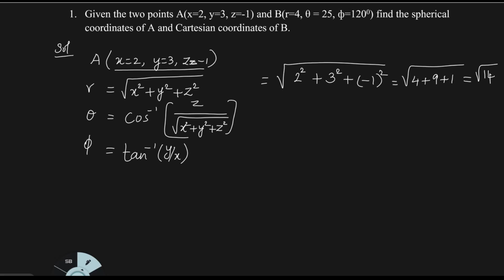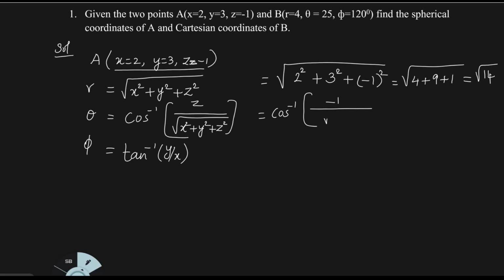Next, we have to calculate the theta value. The theta formula is cos inverse of z divided by the square root of x square plus y square plus z square. So, cos inverse of the value of z, which is minus 1, divided by the square root of x square plus y square plus z square. This value we already found for r.